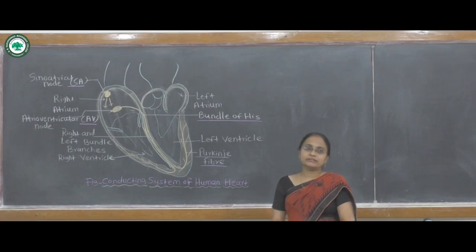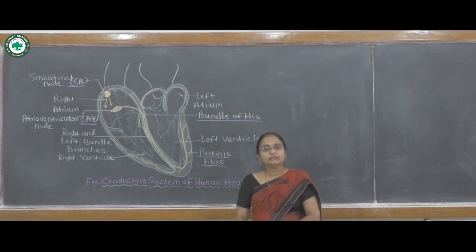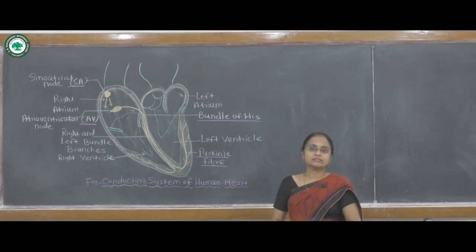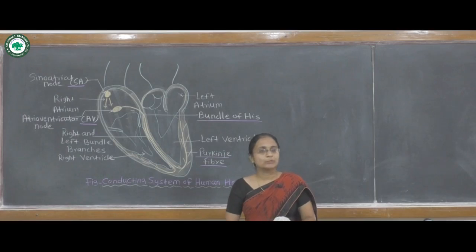The most important is the myocardium, which is made up of cardiac muscle fibers. These cardiac muscle fibers play an important role in the contraction as well as the relaxation of the heart, which we call systole and diastole. Due to the cardiac muscle fibers located in the wall of the heart, the pumping action is possible. Now, how does that pumping action take place?